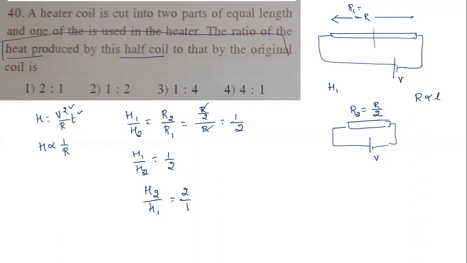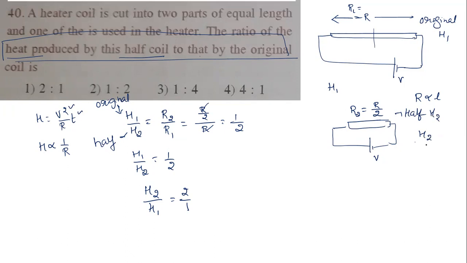H1 is the original and H2 is the half, so they are asking H2 by H1. So 2 is to 1. Which option is correct? The first option is the correct answer, 2 is to 1. Okay, that is that question.